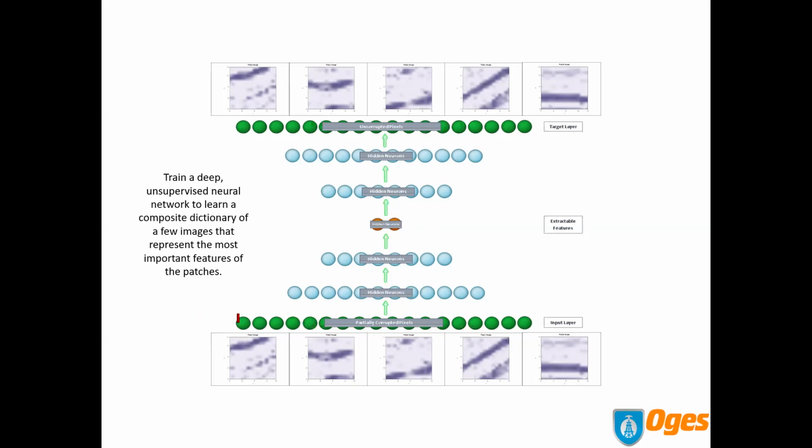Again, it's a process of dimensionality reduction. The network is forced to learn a reduced dimensional internal representation of the inputs before reconstructing them in the output layer. As we go down through the hidden layers, it's reducing the number of neurons, but forcing it to learn a reduced dimensional internal representation.